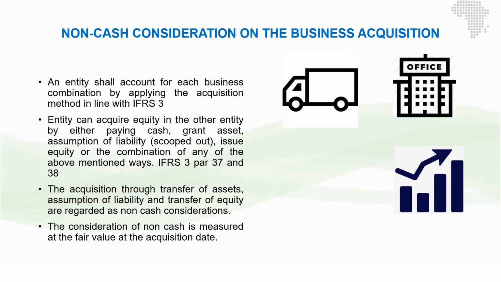Let's kick off with non-cash consideration on the business acquisition. An entity shall account for each business combination by applying the acquisition method in line with IFRS 3. So an entity can acquire equity in the other entity by either paying cash, giving them assets, taking on some liabilities, issuing equities, or a combination of any of the above, be it giving them assets and cash, equity and assets, and so forth.